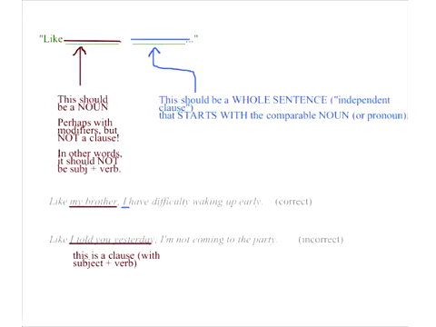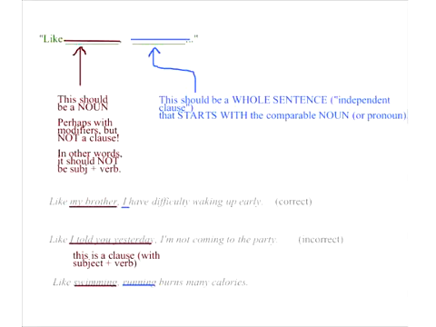Pardon me for not knowing the terms. Like swimming, running burns many calories. So yeah, this is totally fine. This is a noun of whatever type. And that's another noun that's comparable to it, and the blue part's a sentence. So this is also correct.